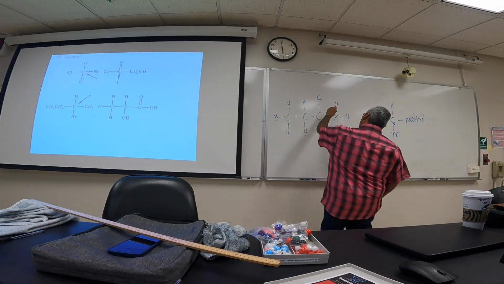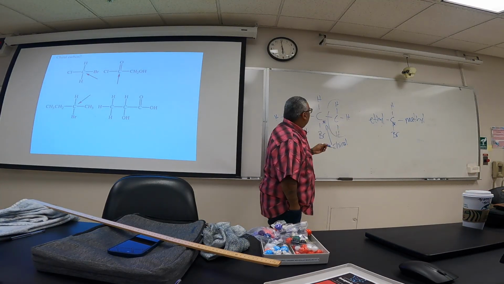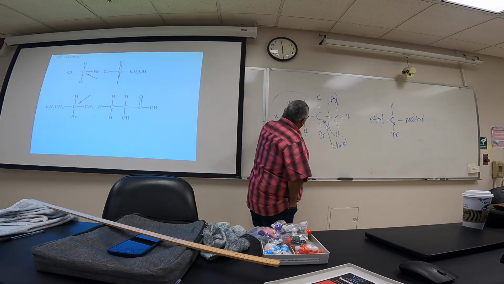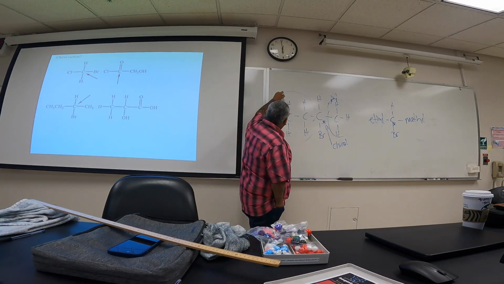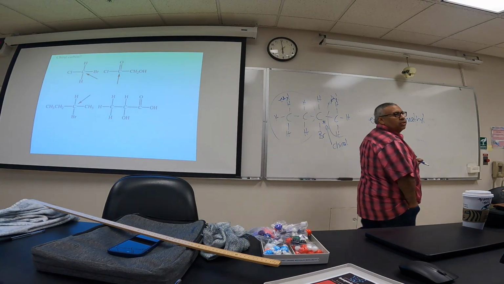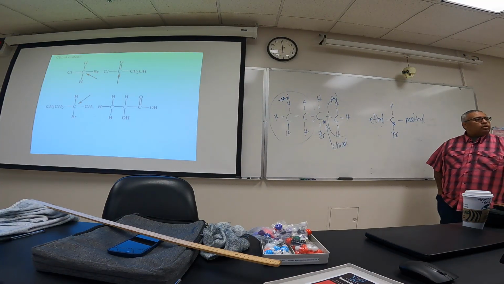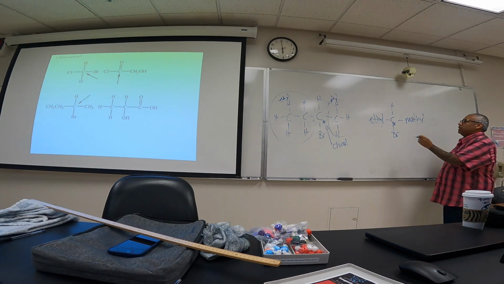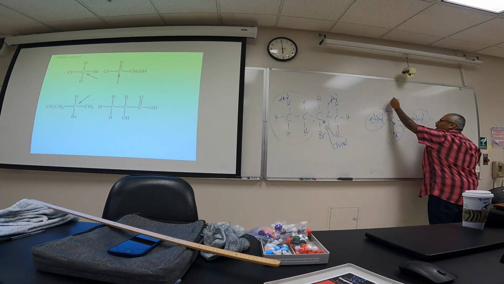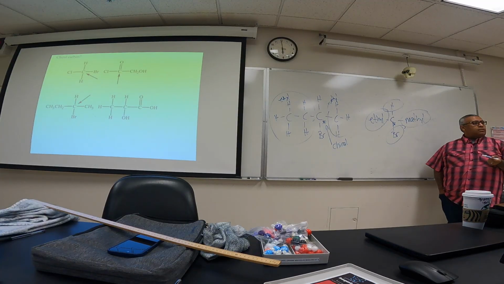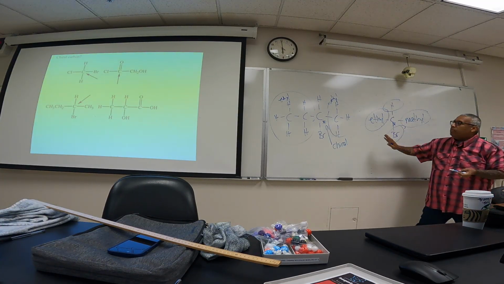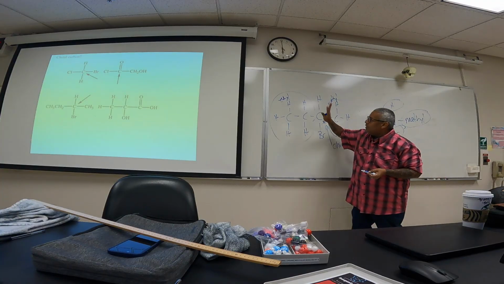Because that's what this is: this is CH3, that is methyl, and this is CH2CH3, which is ethyl. And this is why I emphasize that we're looking at 4 different things: ethyl and methyl and bromine and hydrogen are all different. So this is chiral because this does not look like this.